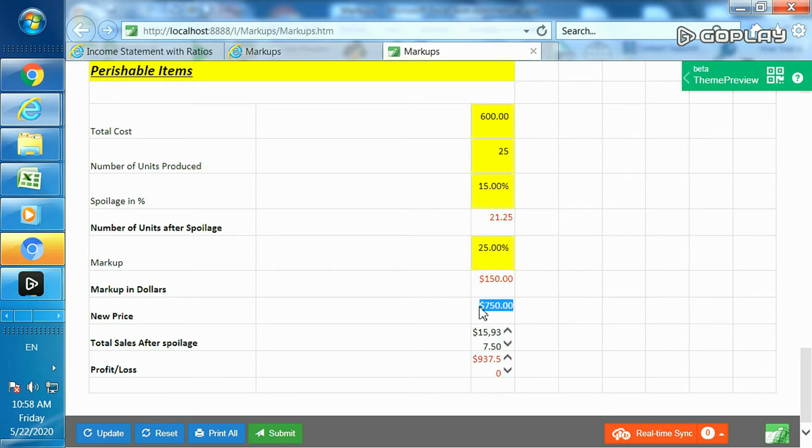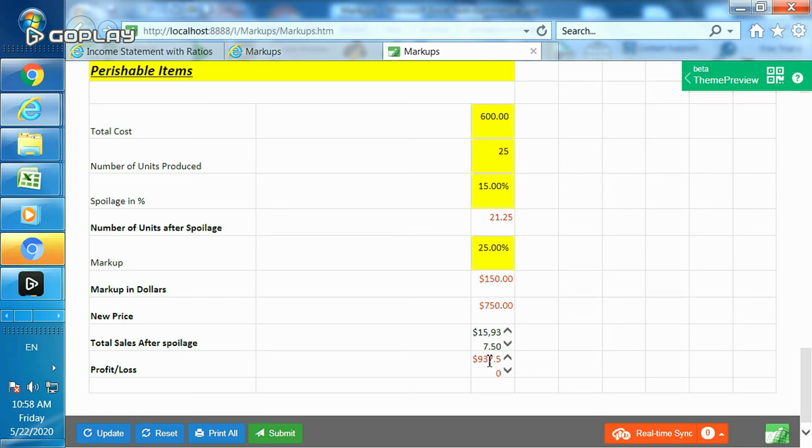Total sales, so how much you sold in dollar amount after the markup, is $15,937.50, and your total profit on this sale is $937.50, roughly $938.